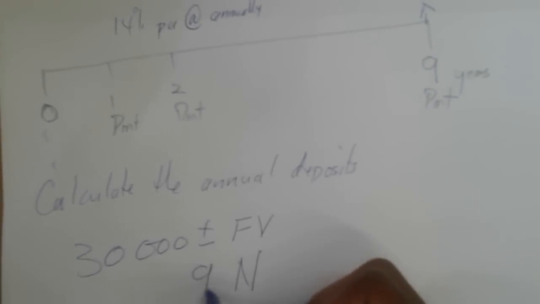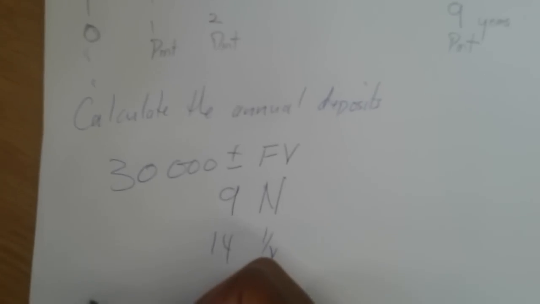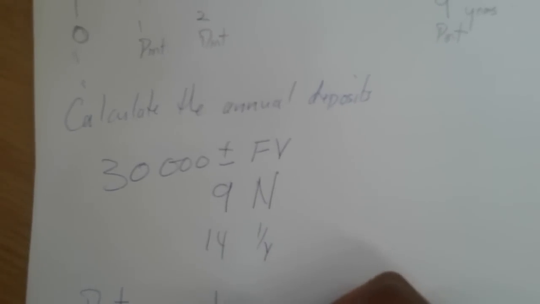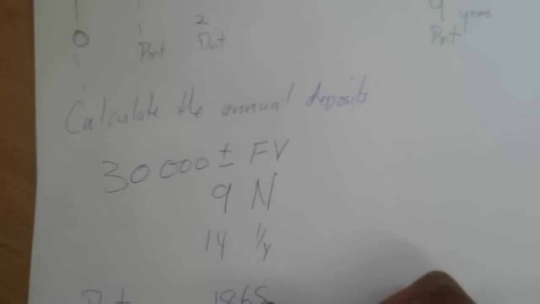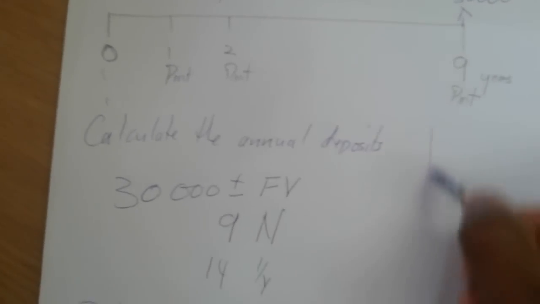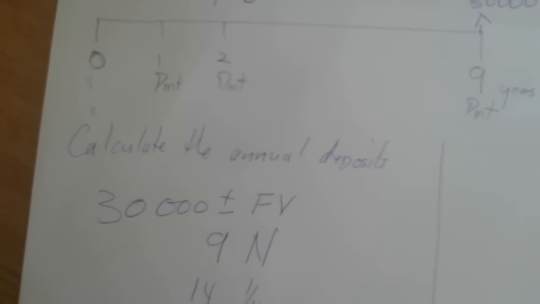There are 9 payments. And your I is 14. No need to divide by anything because it's compounded annually. What are we looking for? PMT. So you get a PMT as 1,865.05. That's number 1.